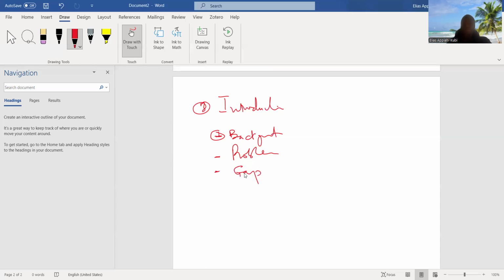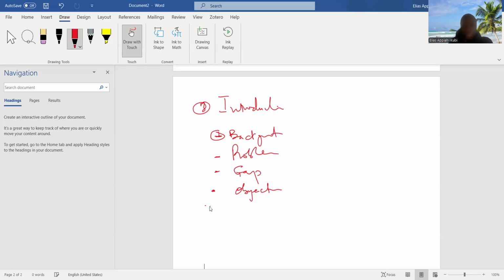Okay, so you include the research gap as part of the introduction. Then after the research gap, how are you going to solve the gap? It's your objectives. The objectives of the study should be part of the introduction. Because if you achieve the objective, the gap will be filled.